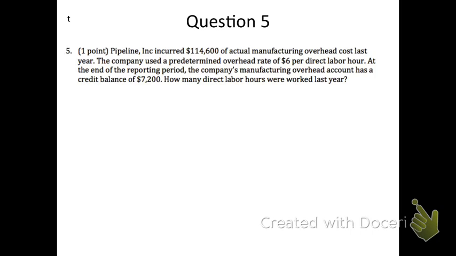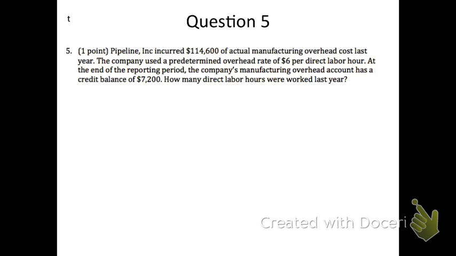Alright, question number 5. This question, you're going to have to think a little bit backwards here. It says that you incurred 114,600 in actual manufacturing cost, and we have a predetermined overhead rate of $6 per direct labor hour.